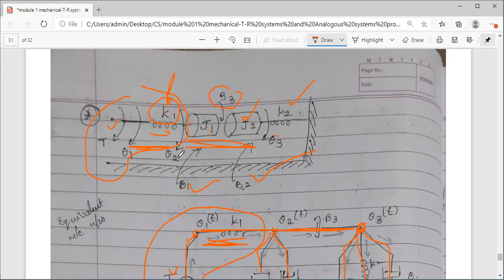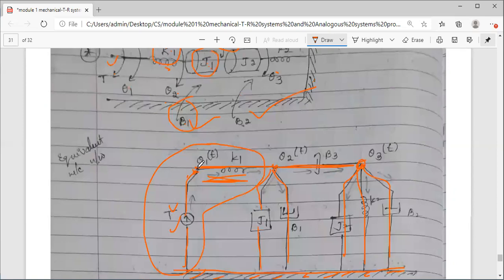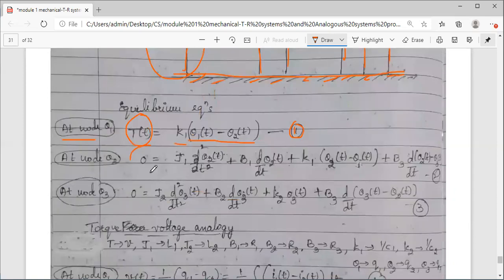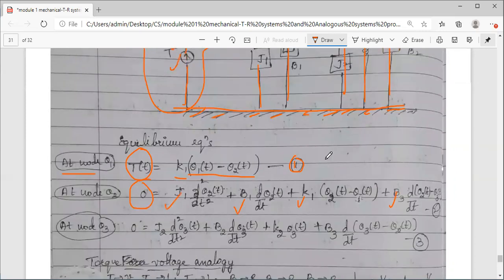Now for theta 2, let us analyze and write the equation. How many terms will theta 2 need? I think 4 terms you get. For theta 2, one is the J term, J1, the opposing torque TJ1, then you have B1. These 2 terms are shared elements. So 4 terms you will get. For the second equation at node theta 2, 0 is equal to, you have J1, B1, K1 and B3.